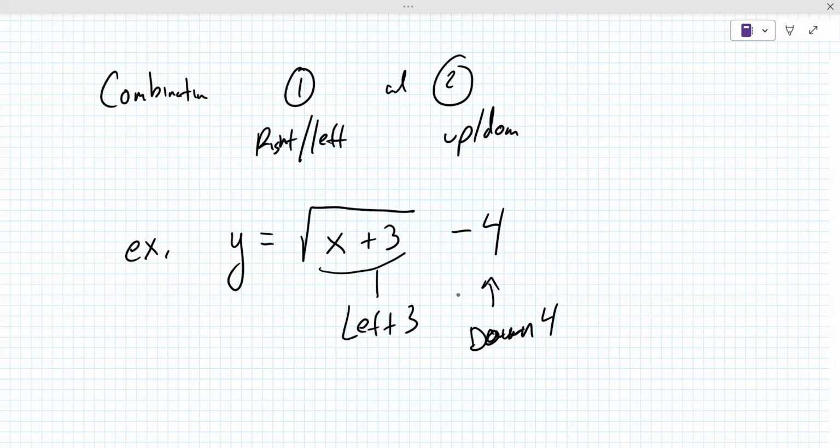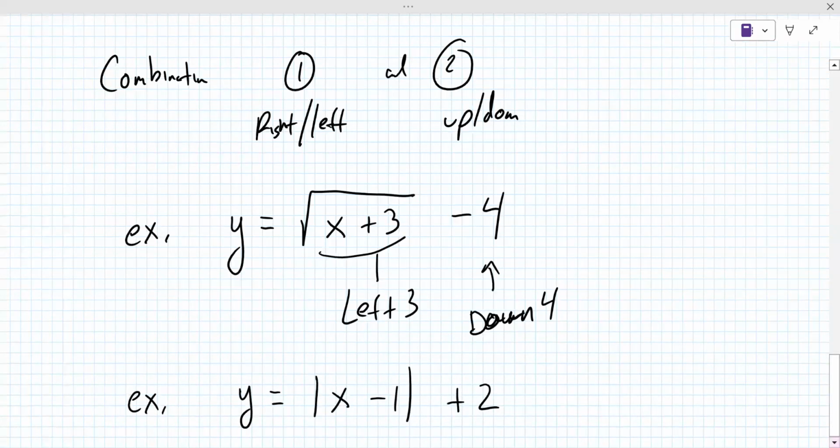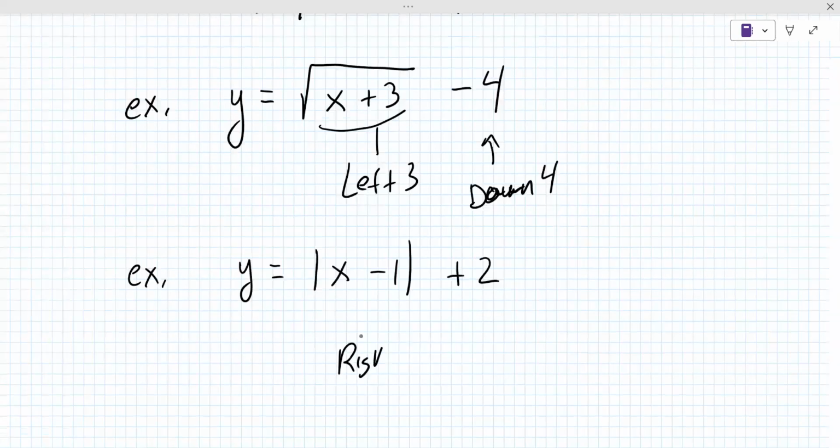Here's another example. Y equals absolute value of x minus 1 plus 2. This one is right 1, up 2. Right 1, up 2. Yeah, okay.